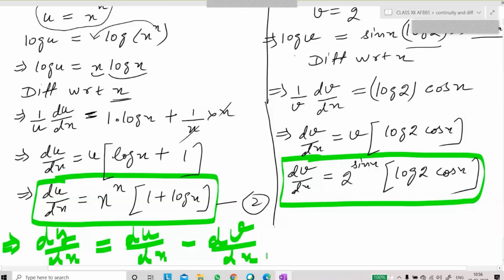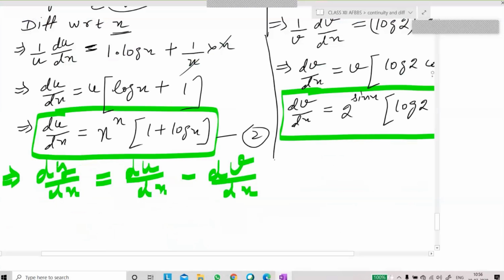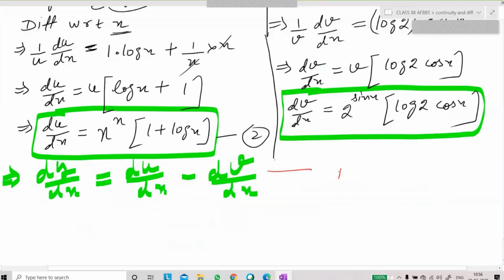So what should I do now? Now I should substitute back the values of du by dx and dv by dx in this. ये equation 1 थी. We took it as equation 1 and the last one is equation 3.